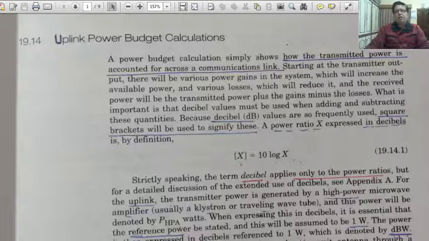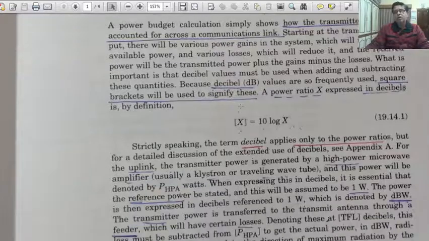This is the requirement to calculate the power budget calculations. Because decibel dB values are so frequently used, square brackets will be used to signify this. The square bracket is the symbol that we are using for decibel values.